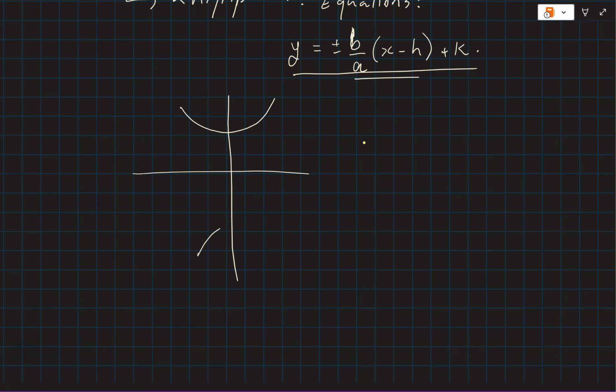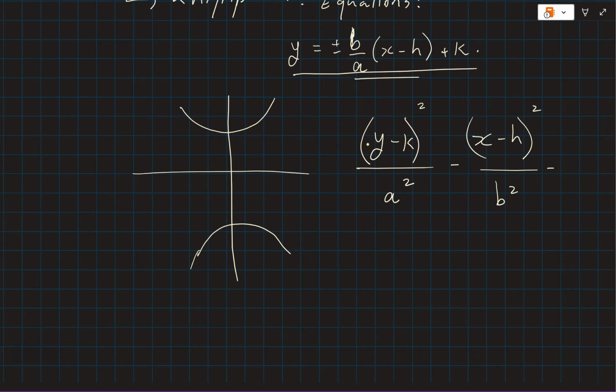It doesn't really matter as long as you realize that whatever the numbers A or B are, they belong to the vertical, so that A is under Y, B is under X. So in this case, the slope is rise, which is A over B, plus or minus.